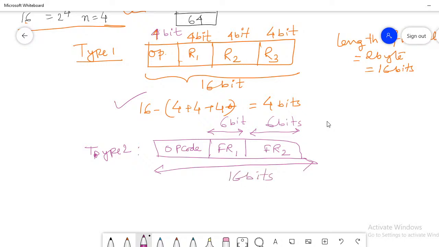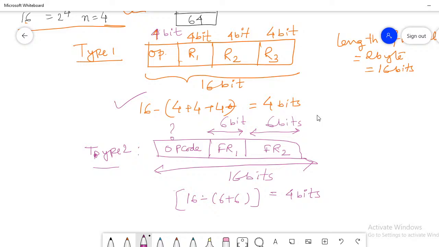So how many bits are required for this opcode? You can easily subtract: 16 minus (6 plus 6), and you will get 4 bits. So for type 2 you have 4 bits for the opcode.